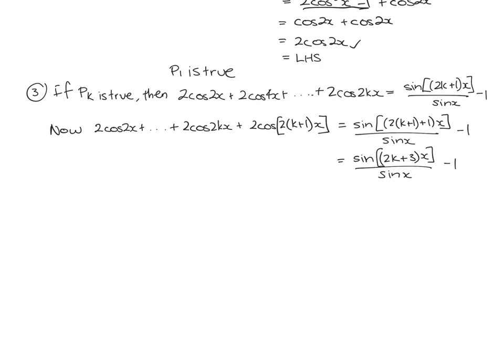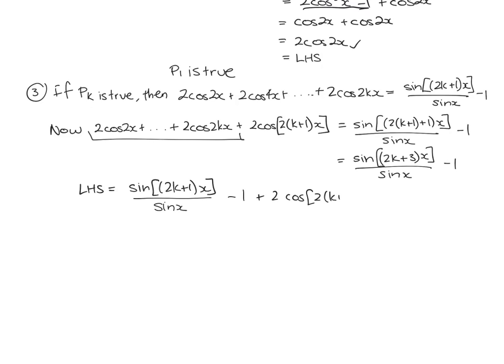If we look at the left-hand side, we know that the left-hand side is going to be equal to sine (2k plus 1)x over sine x minus 1, because that's what we're going to sub in for this bit here. But then we're going to have plus 2 cos (2k plus 1)x. Okay, and now we've got to go, whoa, right, what are we going to do here?